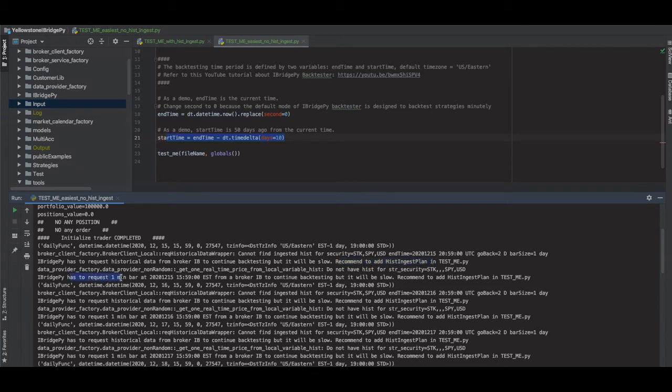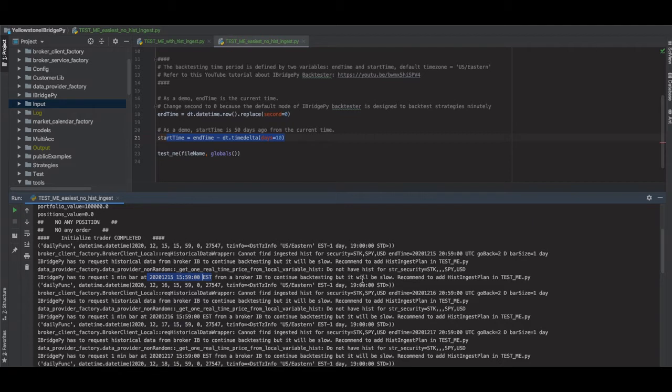And you can see IBridgePy also requested 1 minute data at 3:59 p.m., because our strategy needs to get historical data, get the real-time price at this moment and compare with yesterday's price.